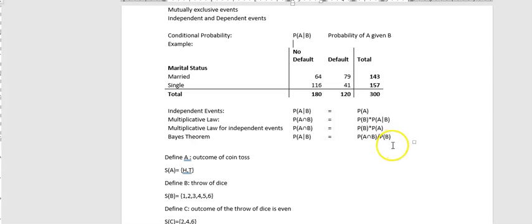What this does is it basically updates this probability once we have more information. So previously we had some information about A, which is how we got the probability of A, but then we found out more information about a related event B, and then we changed the probability of A given that we had more information about B.